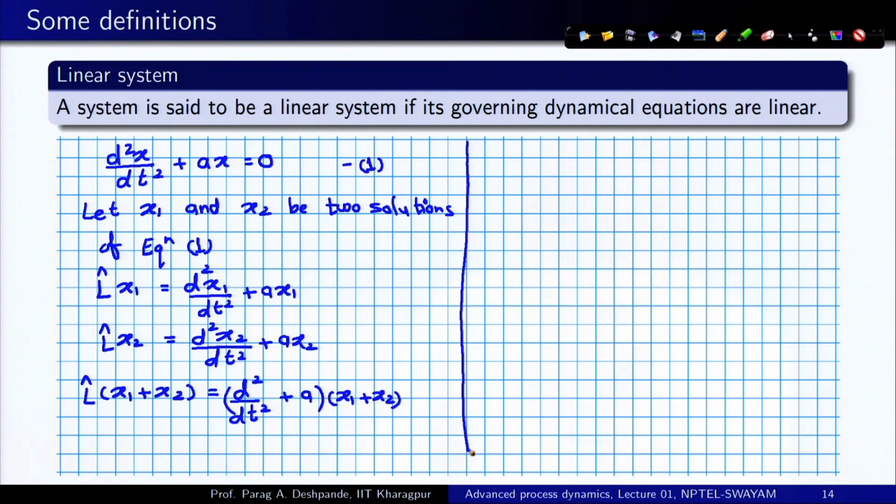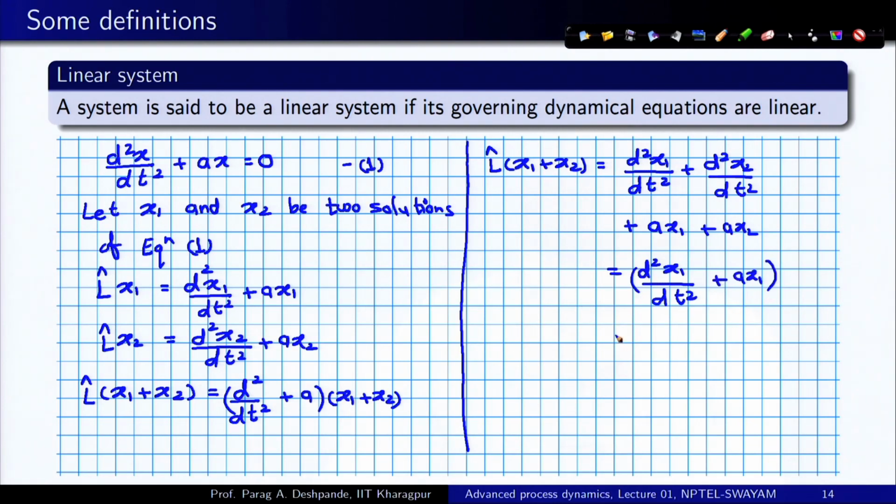So, what I can do is write this L operating on x 1 plus x 2 as d 2 x 1 by dt squared plus d 2 x 2 by dt squared plus a x 1 plus a x 2, which is nothing but d 2 x 1 by dt squared plus a x 1, and let me put a bracket here, plus d 2 x 2 by dt squared plus a x 2, which is nothing but L operating on x 1 plus L operating on x 2.